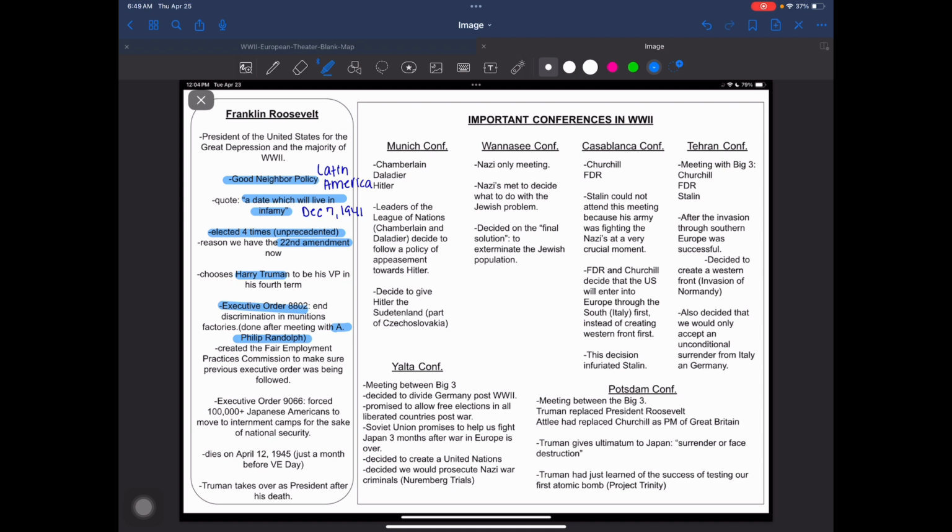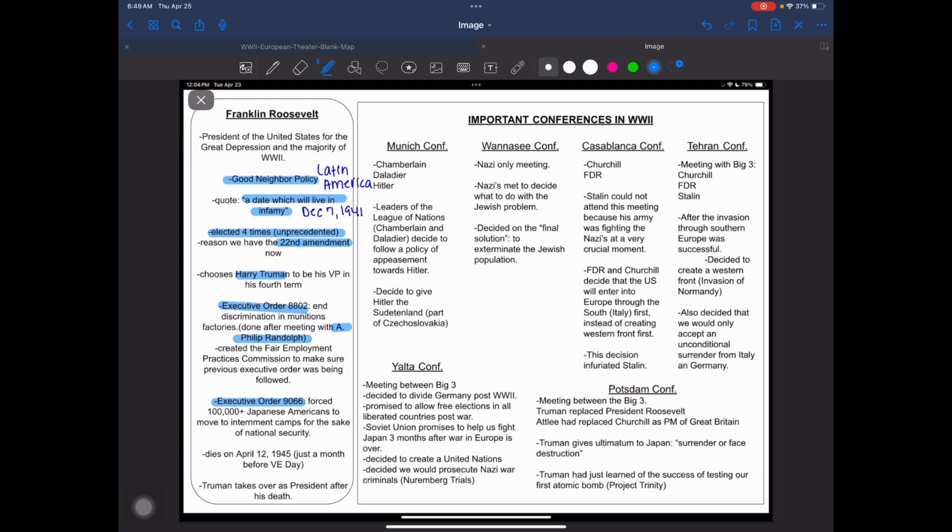And then something we talked about just in the last slide is another executive order, 9066. And if you remember, executive orders are used because sometimes we don't have time for the president to ask Congress to do something. Sometimes things need to be done immediately. And so this executive order is when we saw that the Japanese Americans living on our West Coast could potentially be spies like we had in Hawaii.